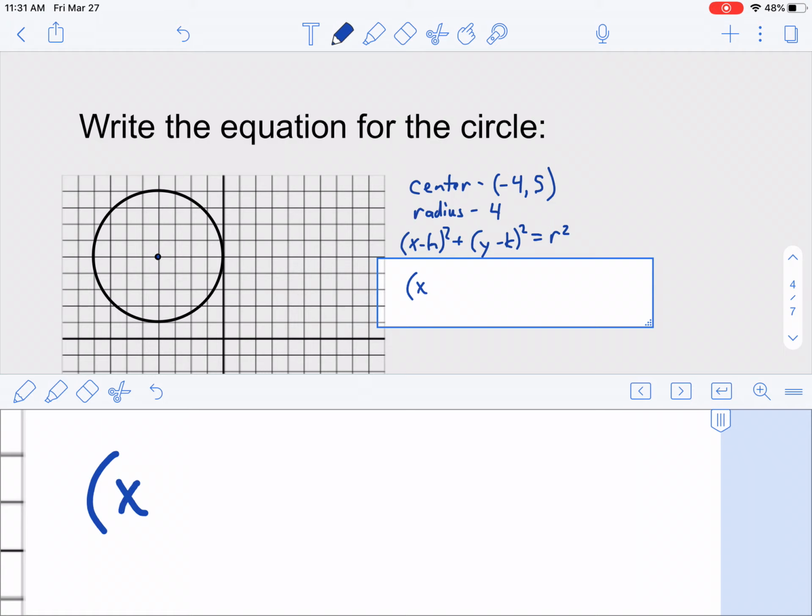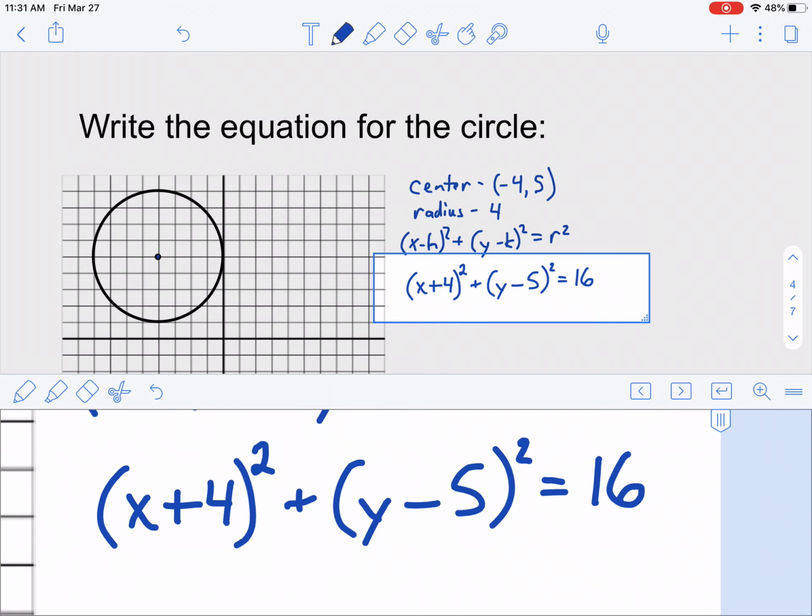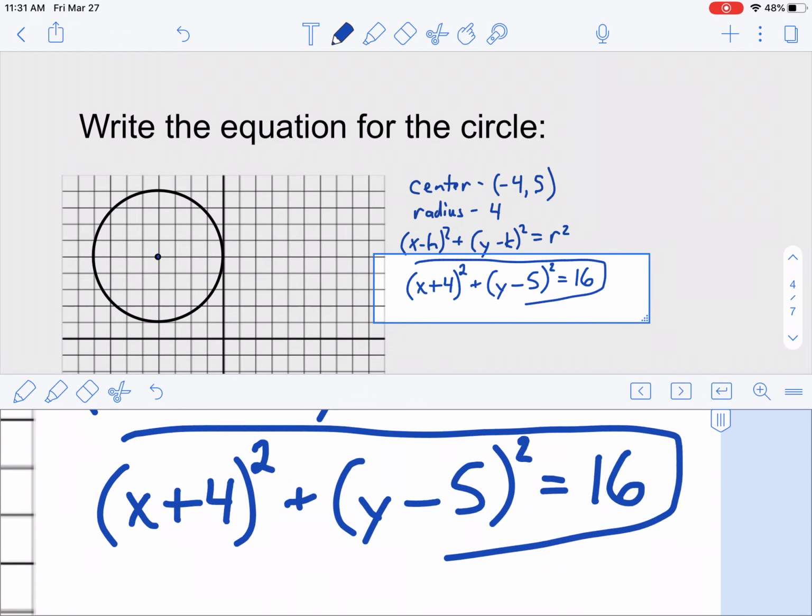So that's going to be x minus -4, so it becomes plus 4, plus y minus 5 squared is equal to r squared. Well, radius is 4, and 4 squared is 16. And there's your equation.